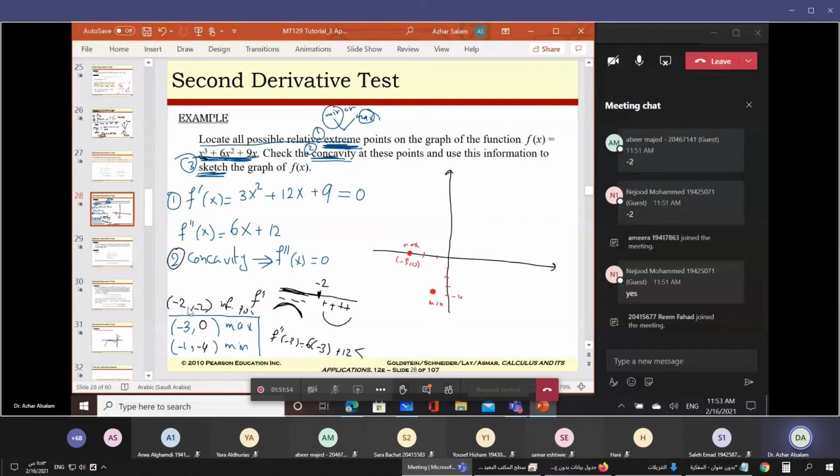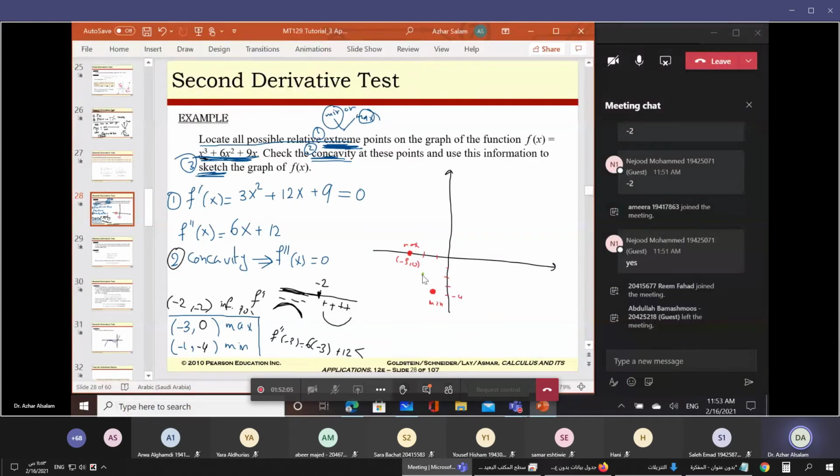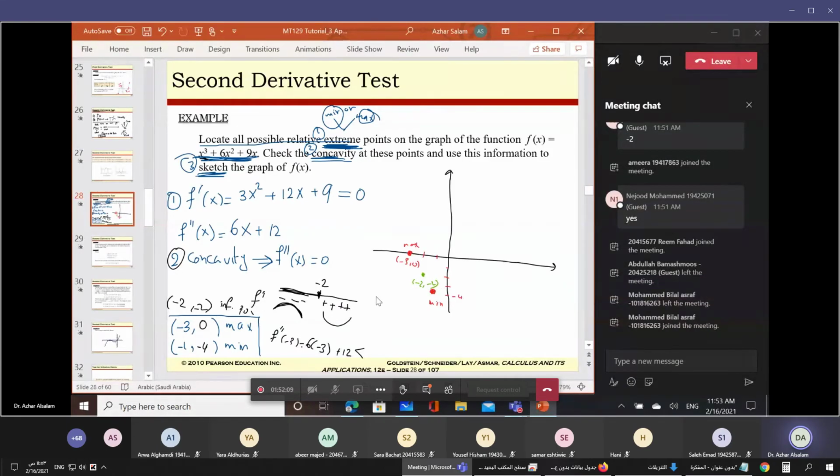Also, I need this inflection point, which is minus 2. Could be here. Okay, this is the inflection point at -2, -2. Exactly at this point. So I begin here.